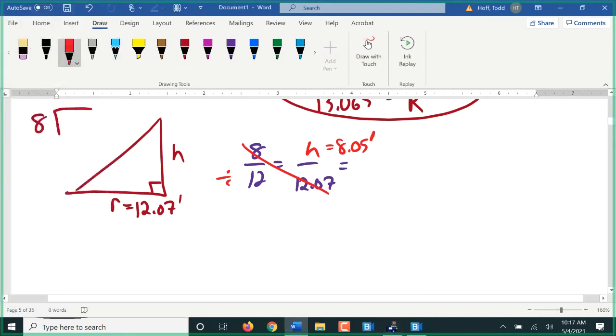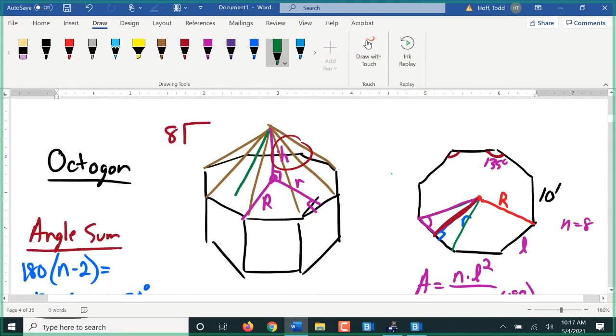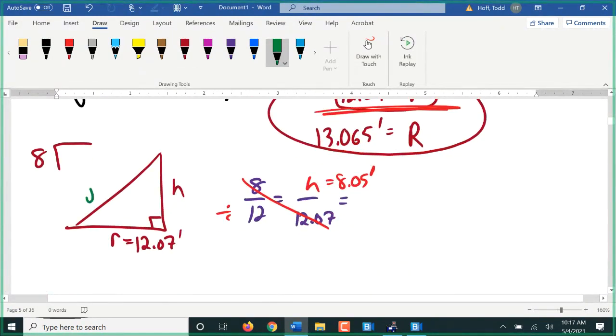Feet, that's the height. To find the area, then, I would want to find the slant length going up one of these. I'm going to call that J. That's my common rafter length from what we were doing at the beginning of the semester. And J is just the hypotenuse of this triangle.